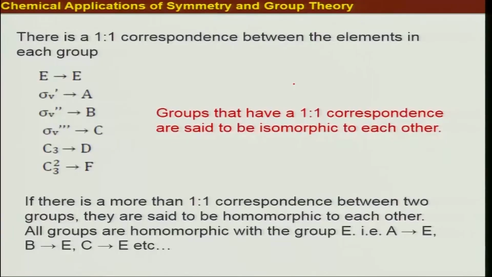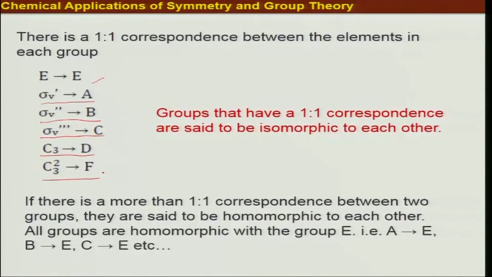Okay. For example, you will see that identity is the same for both of them, which is not something we are surprised with. And then essentially sigma v prime is nothing but A in G6, sigma v double prime is B in G6, sigma v triple prime is C in G6, while C3 and C3 square are D and F respectively in case of G6.